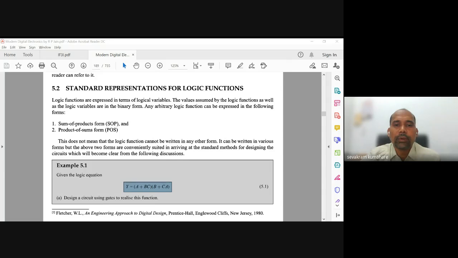Now what happens in product of sum? In product of sum, we need to first take a sum. How to take the sum? A plus BC. Let us say this is one sum, and then let us say ABC plus, let us say A. Like this you have to take the sum first, and then after that you have to take a product of this.